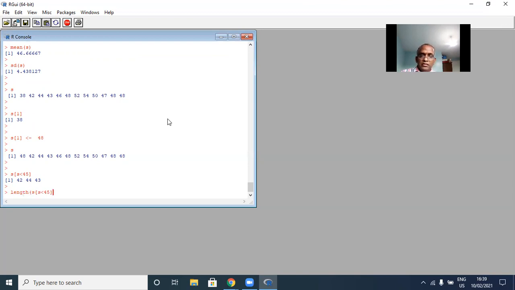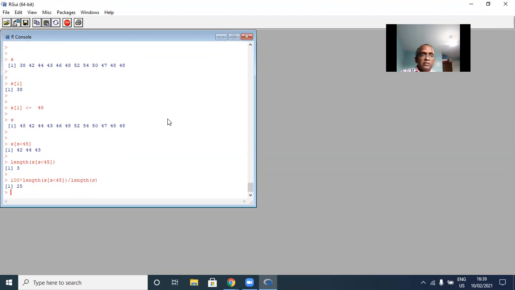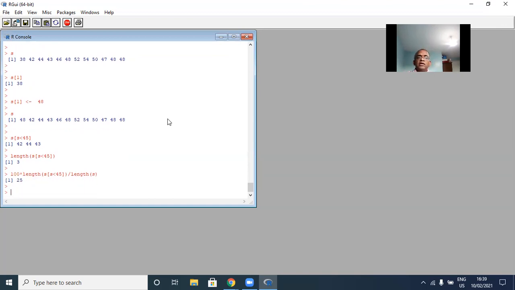So the length of the number of days when the closing price is less than 45 is 3. And you divide this by the total length of S, and then you multiply it by 100. So the answer will be 25, or 25% of the days have closing price less than 45.